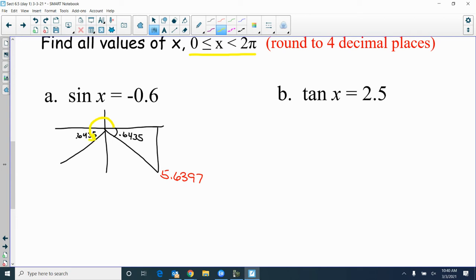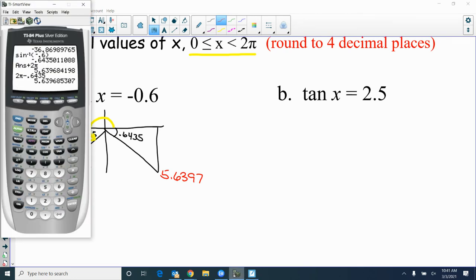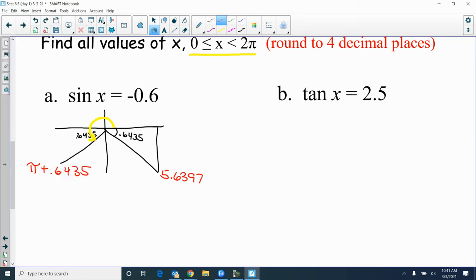So that is going to be pi plus 0.6435, and I get 3.7851.